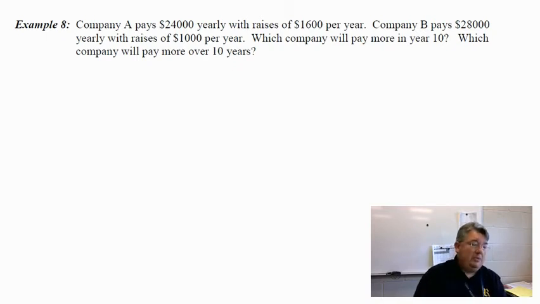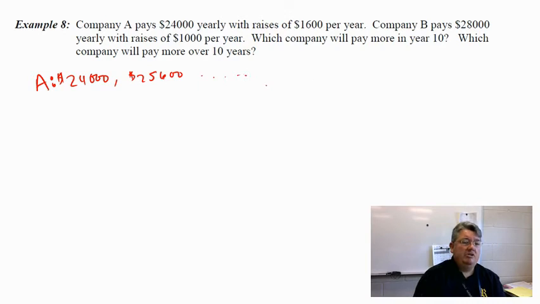So if I look at company A, let's think about that. Starts with $24,000, and then every year it raises $1,600. So 25,600, and so forth until I get to year 10. Well, what's year 10?